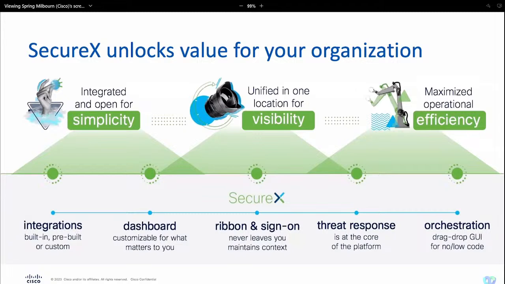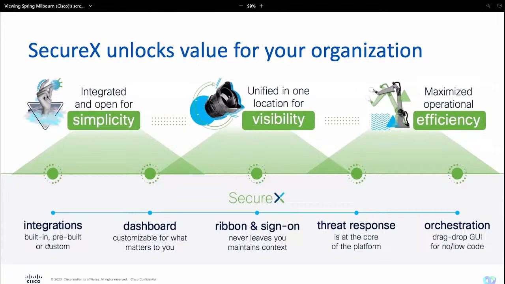SecureX unlocks tremendous value for your organization. It's been built with 3 key value pillars in mind: integrated and open for simplicity, unified in one location for visibility, and maximized for operational efficiency.